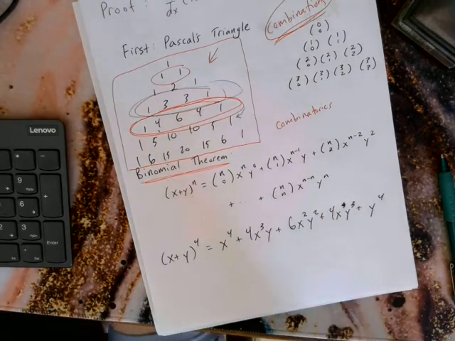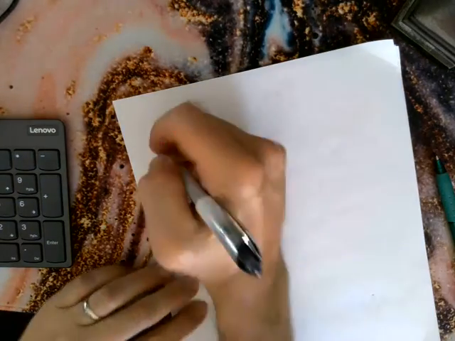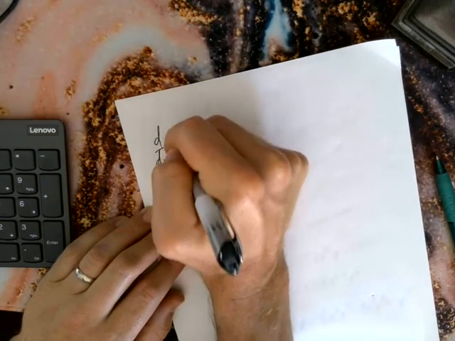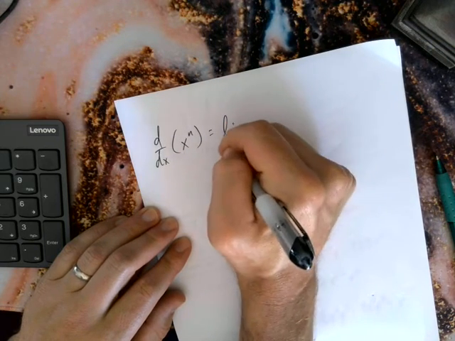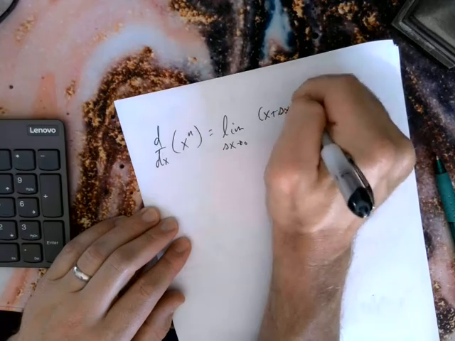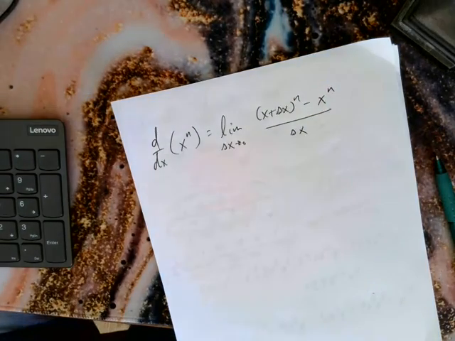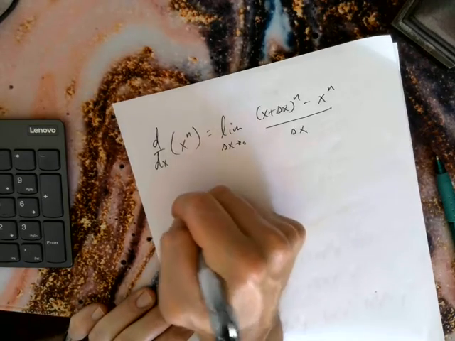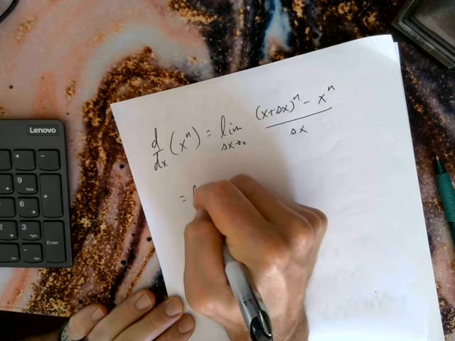Okay, so now that we have those two things down, let's check out the proof of this rule. So the derivative with respect to x of x to the n equals the limit as delta x goes to 0 of x plus delta x to the n power minus x to the n, over delta x. That's the definition of the derivative. We use the binomial theorem to expand this binomial, x plus delta x to the n power.